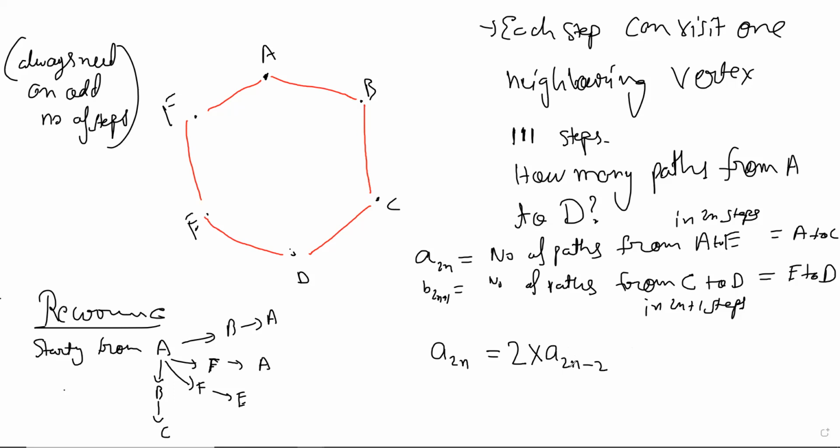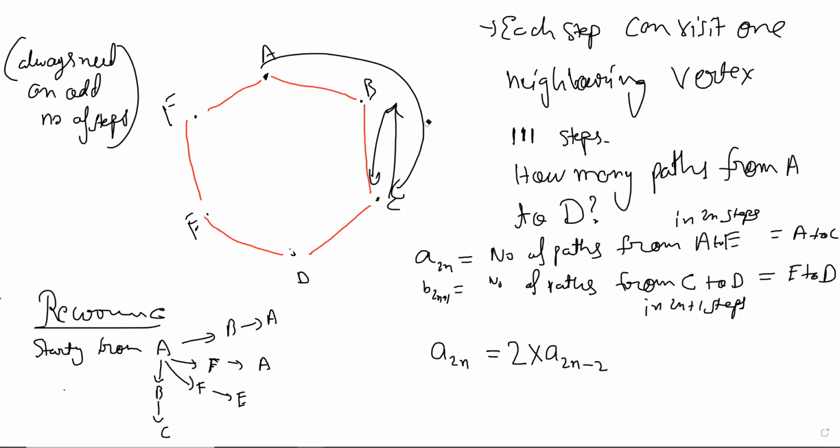No, I don't agree. But why? So in 2n minus 2 steps, if you reach from A to C, how does that give you a way to go from A to C? Yes, so this will be part of the answer, right? You reach here in 2n minus 2 steps, then you go up and you go down, and in 2n steps you reach there. Or you can go to D and come back.